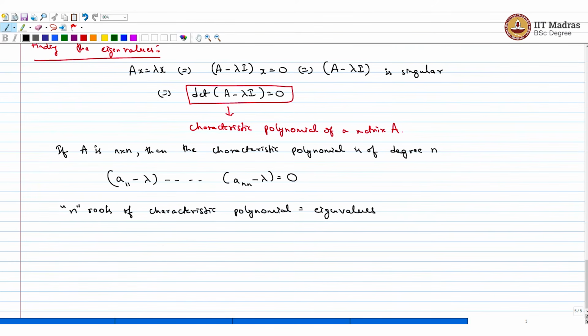Now that answers one part of the problem. How do you find the eigenvector? You are trying to find an x such that (A minus lambda I) x equals 0.